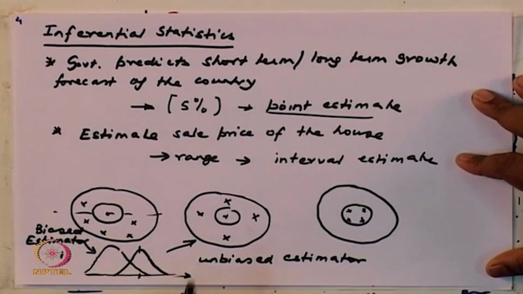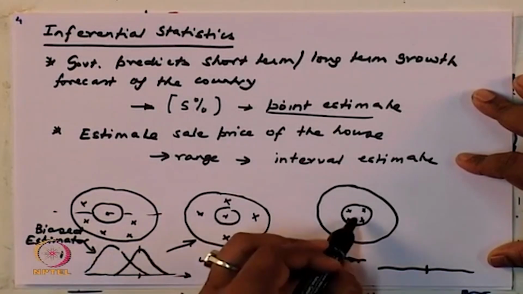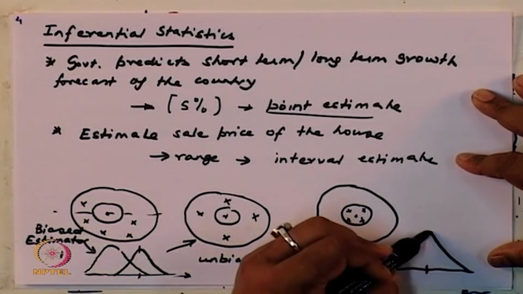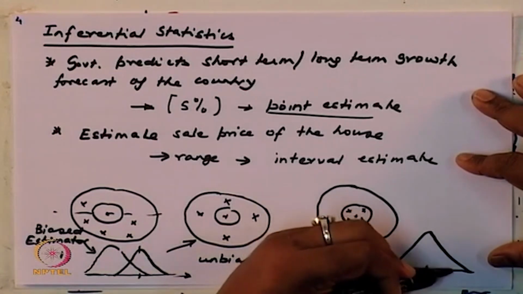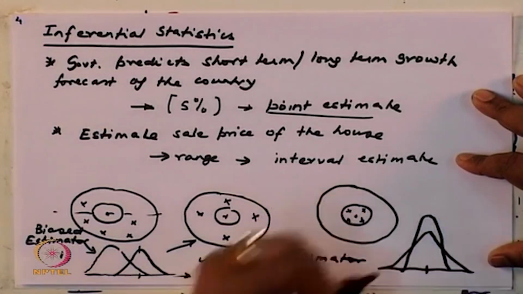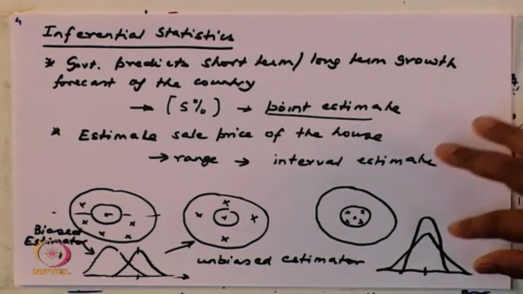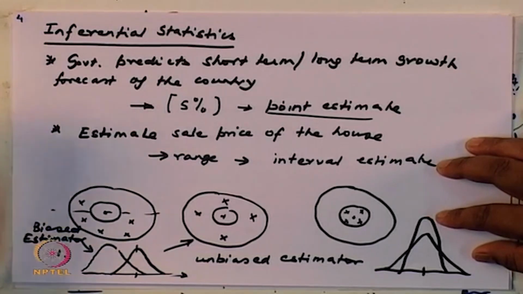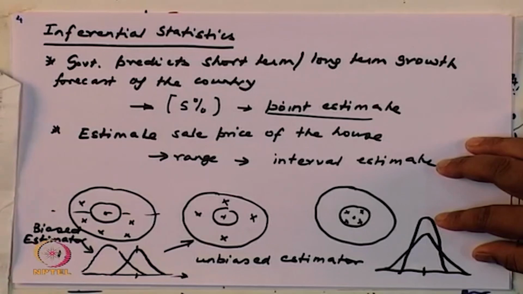Also, to compare between this and this, for both of them the true value is this, and one has this as the representation and the other one has this as the representation. You can clearly see that in this case it is better, because the variance of this estimate is lesser.